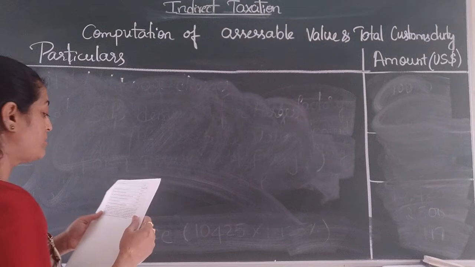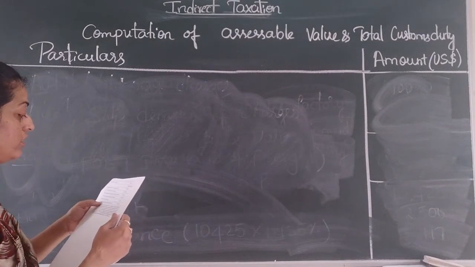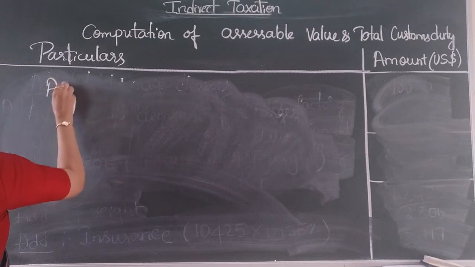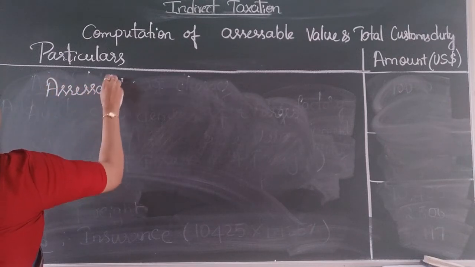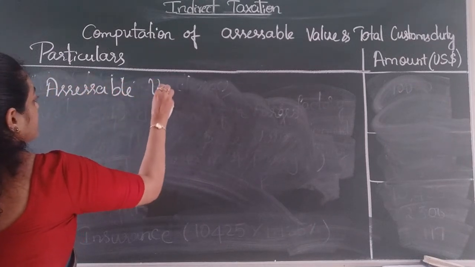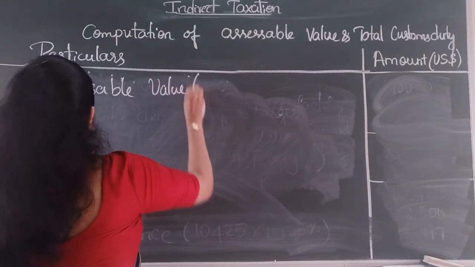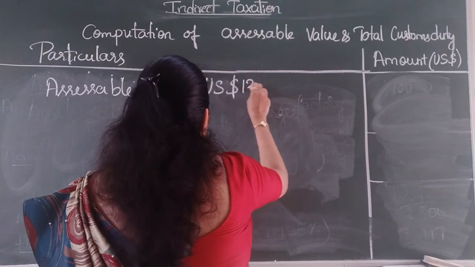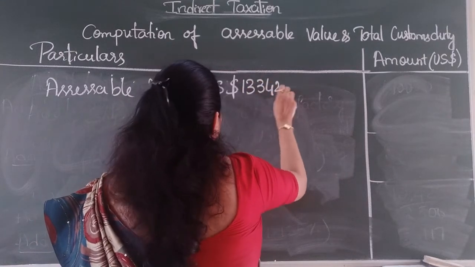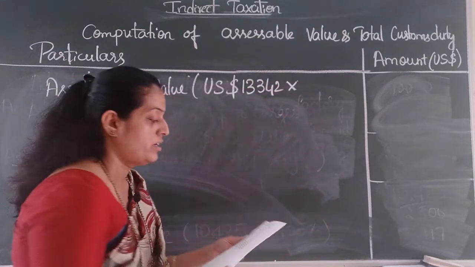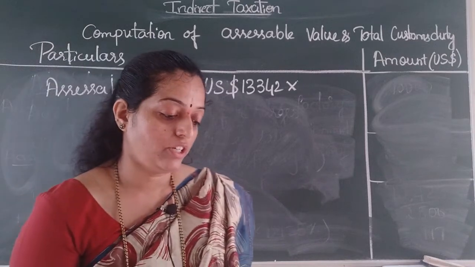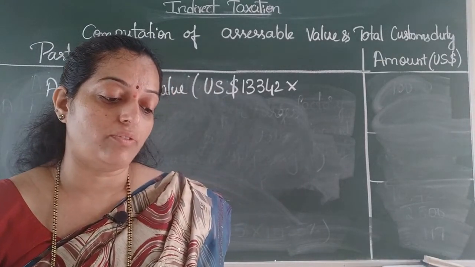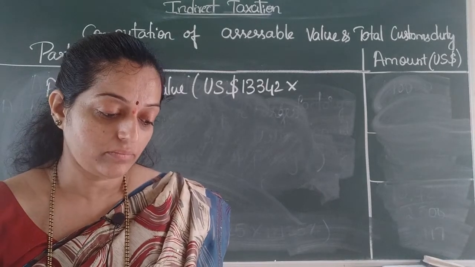Okay. So next step is, after finding out the assessable value, we need to find out the duty and tax payable. So assessable value, US dollar 13,342 multiplied by ₹60, we need to take date of bill of entry, that is 20th February 2019.